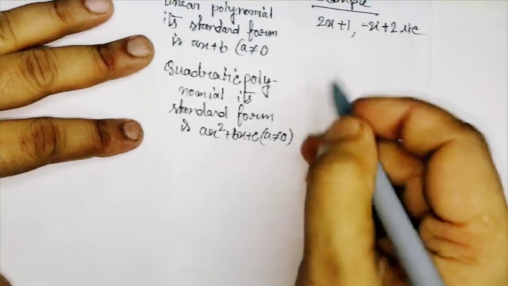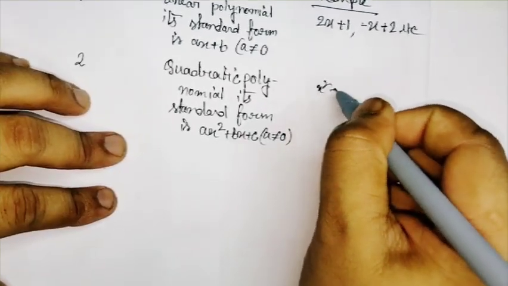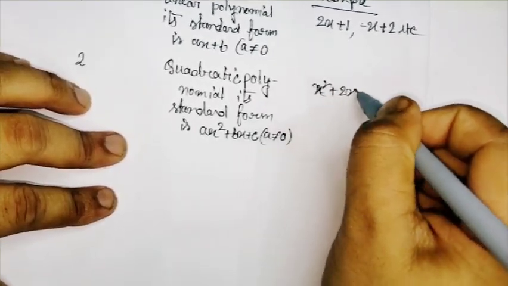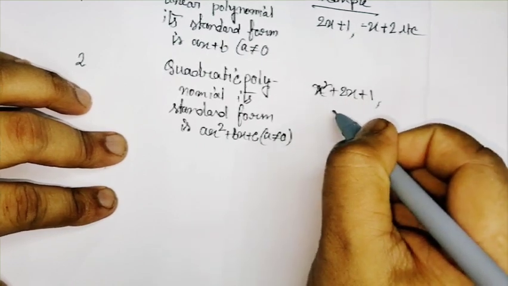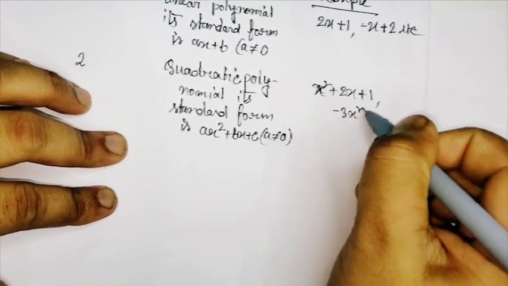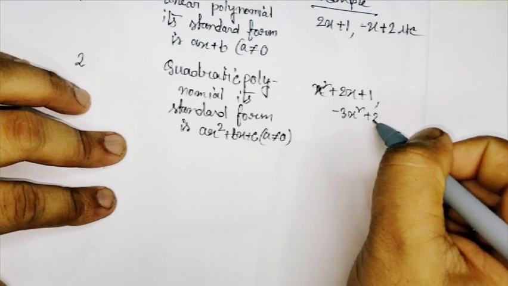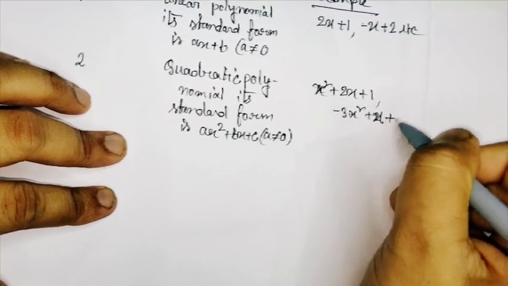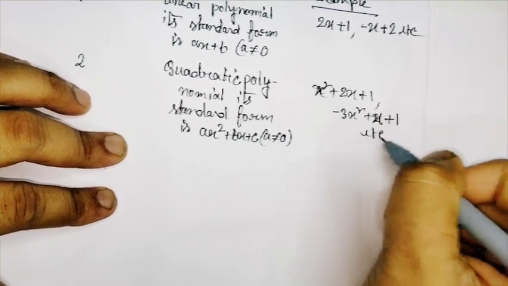For example, x square plus 2x plus 1, minus 3x square plus 2 plus x plus 1, etc.